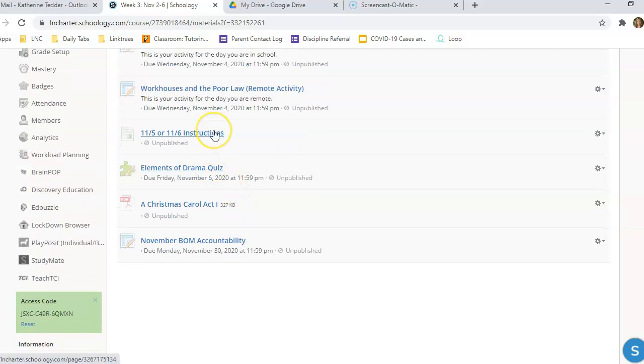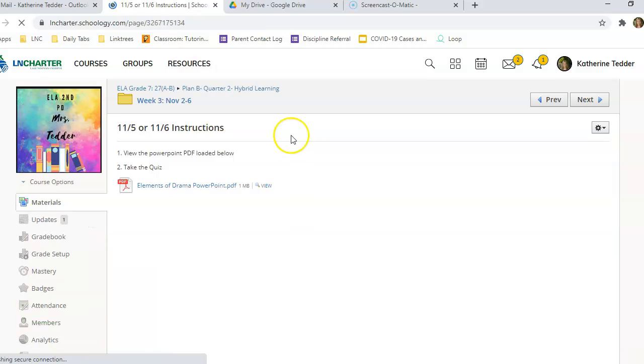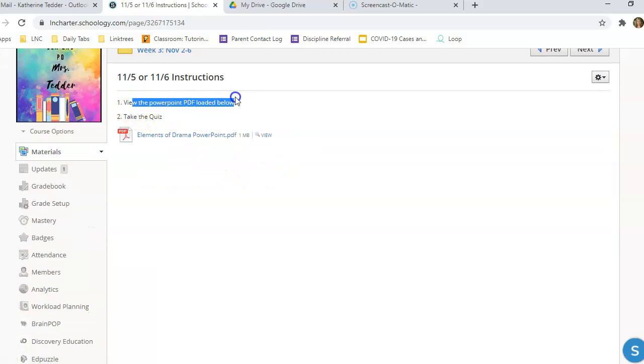Then on 11.5 and 11.6, again, depending on if you are a distance learner or not, it's going to be, I think, 11.5 on your agenda. For my cohort 1 kids, it's going to be 11.6, I think, on your agenda. You'll click on it, and it says to view this PowerPoint PDF that's loaded right here.